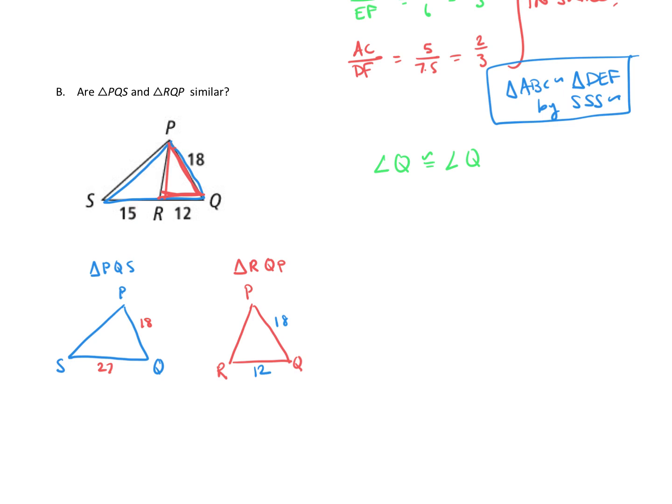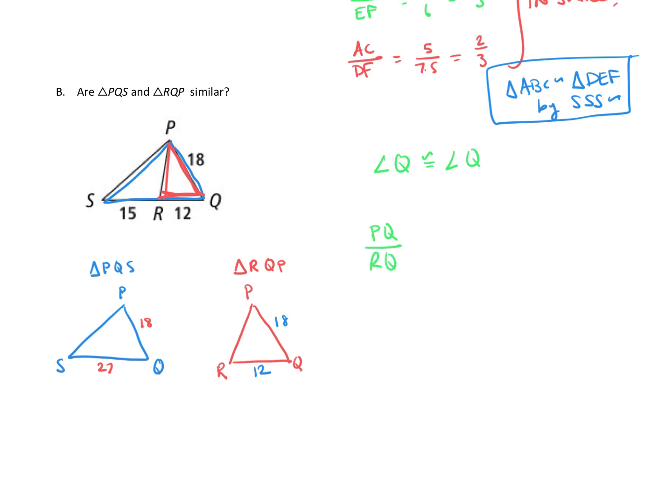All right, so if we follow along with our corresponding sides here, we know that PQ and RQ will correspond. So we're checking to see if our sides are proportional. So we're going to take PQ over RQ.